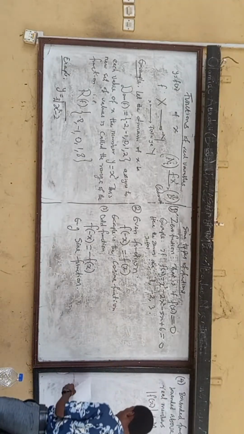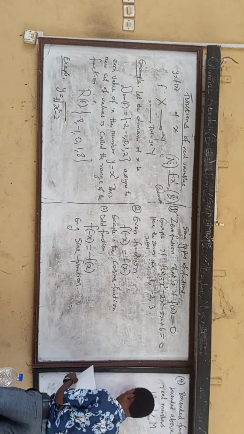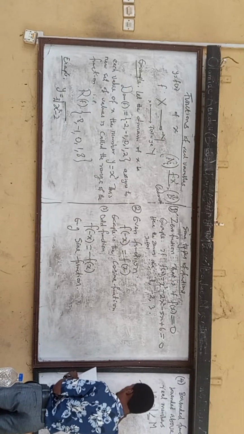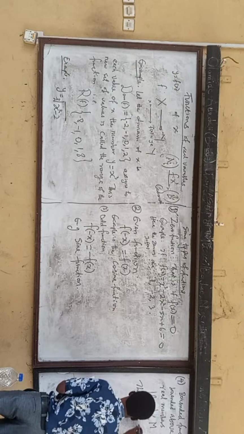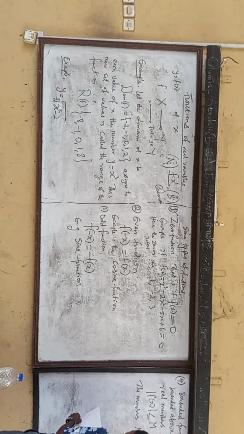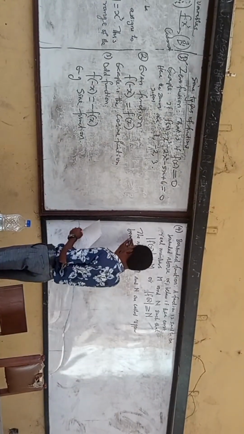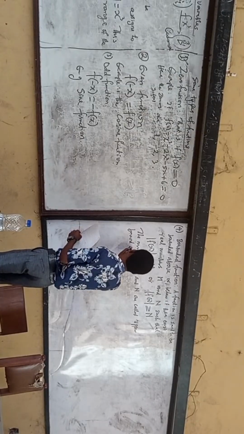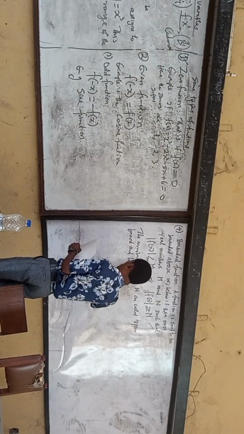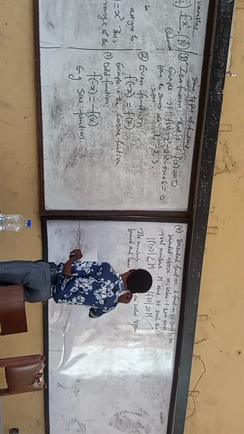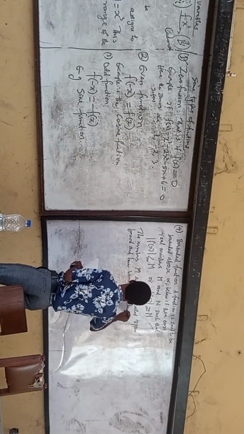So the numbers M and N are called the upper bound and lower bound, respectively.